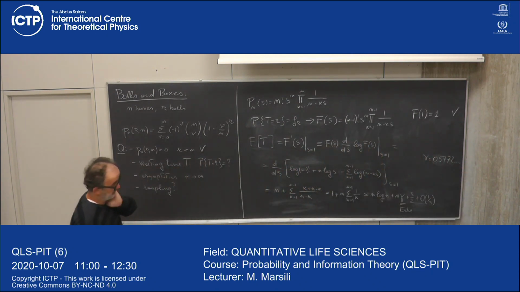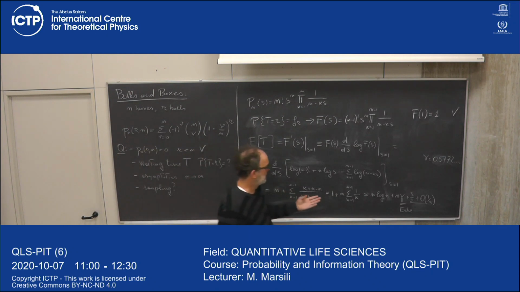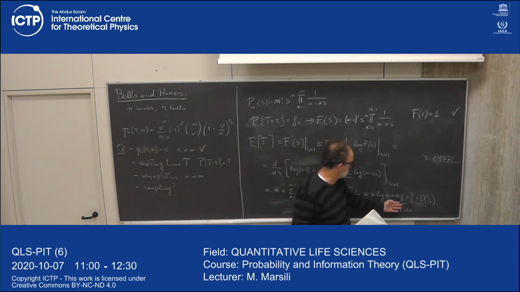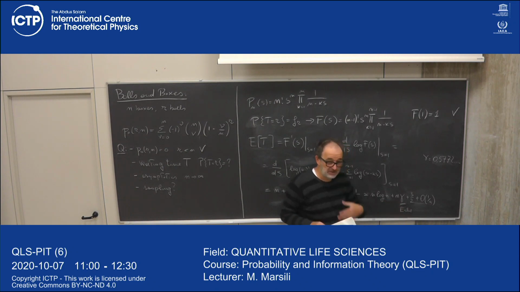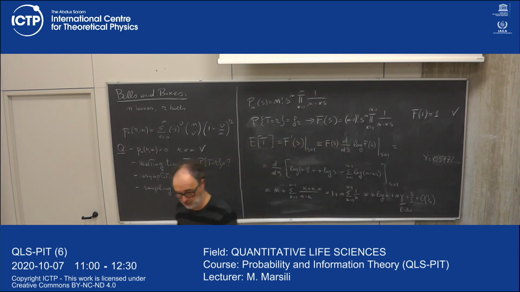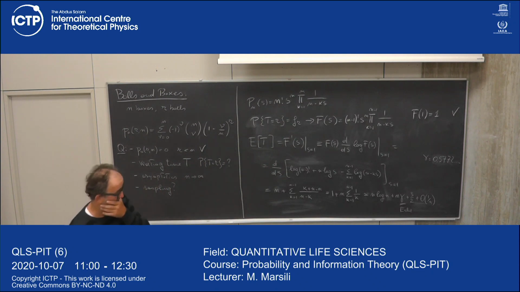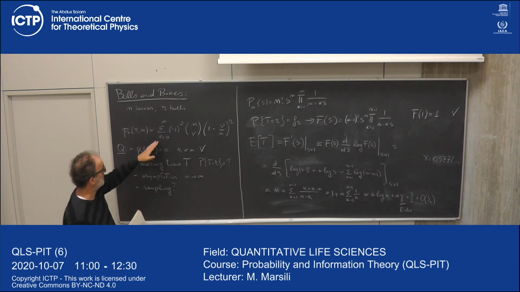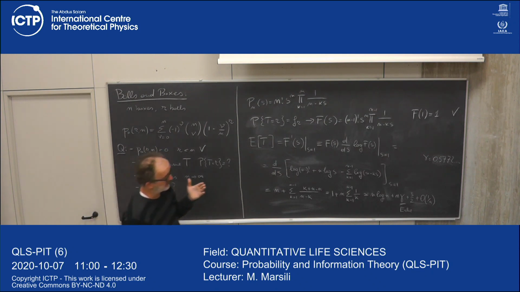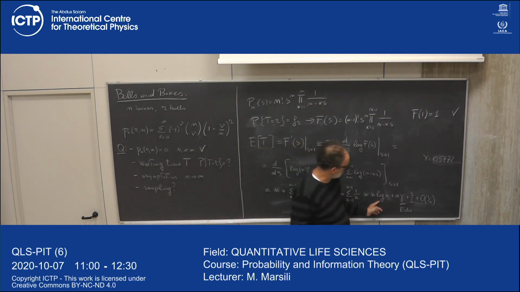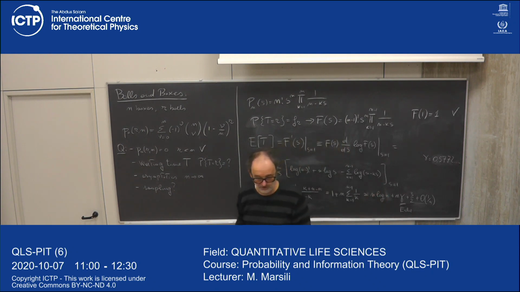Okay, so what you get from this is that essentially this is the expected number of balls that you need to put in the boxes in order to satisfy this condition that all boxes will be non-empty. And so this tells you that you need to put an order logarithm of n balls in each box.